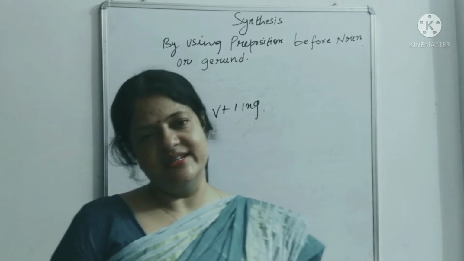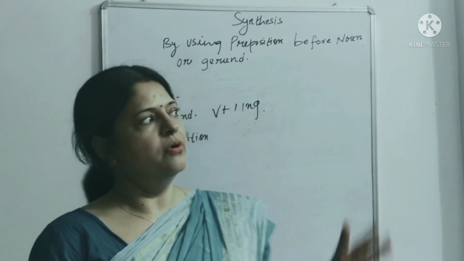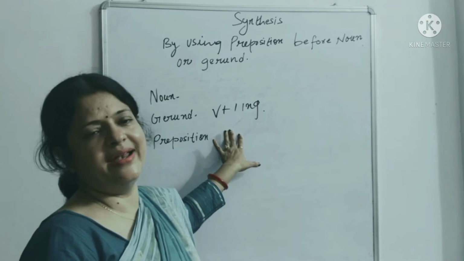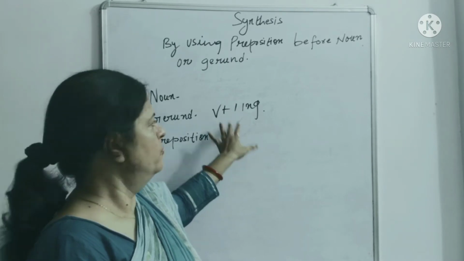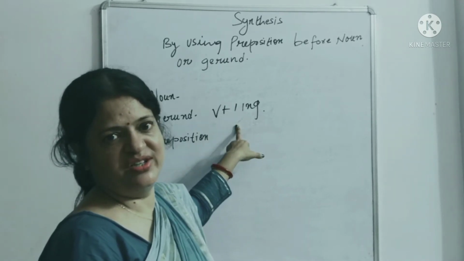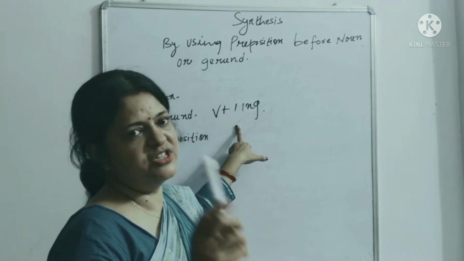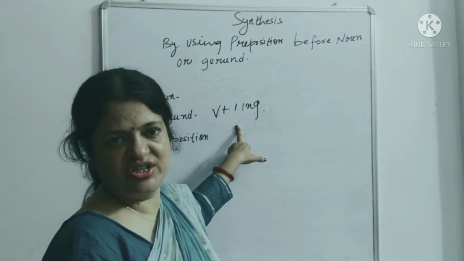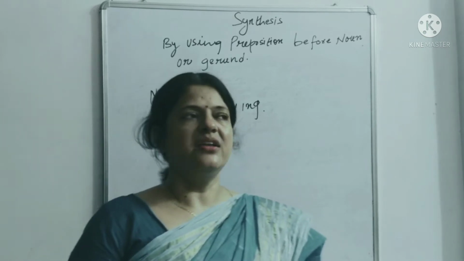Now, what is a gerund? We form the gerund by adding V1 plus ing. It means if we add ing to the first form of the verb, it becomes a gerund.